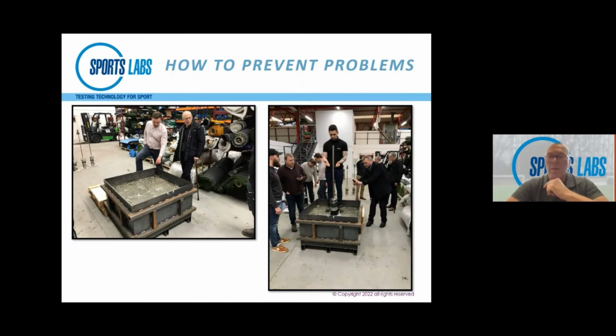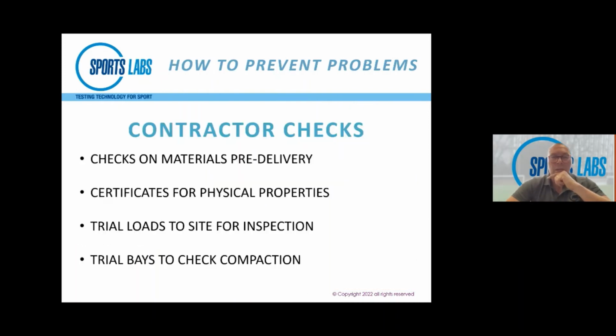Another thing we advocate, if you go into the next slide, Mark, is we're very keen on the contractor taking more responsibility for doing some checks on site. So this would involve, before even materials are transported, you do due diligence on the physical properties of the material, so the gradation and the physical properties as far as hardness and durability is concerned.